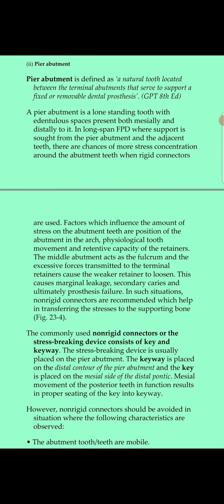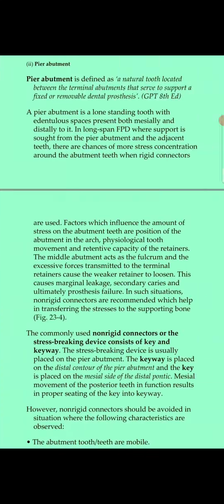Second is the pier abutment, and we already discussed that a pier abutment is an abutment with an edentulous area on both sides of it. If on both sides of the abutment there is an edentulous area, this is known as a pier abutment.